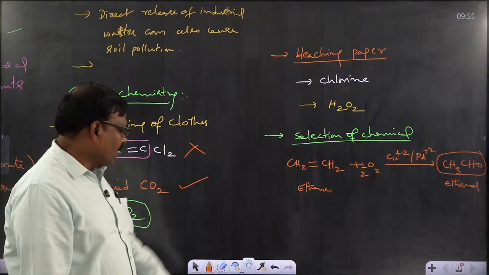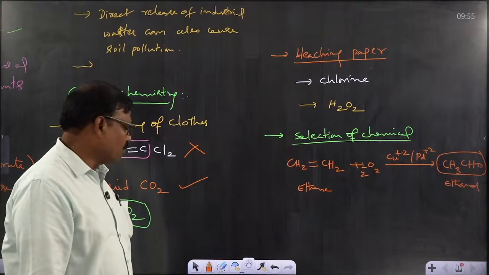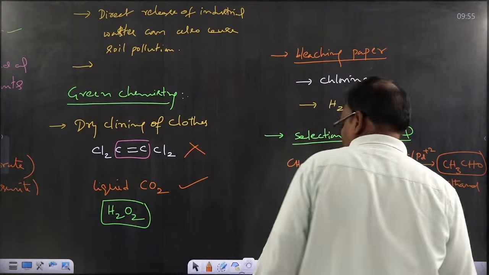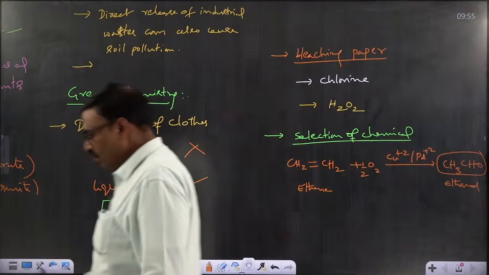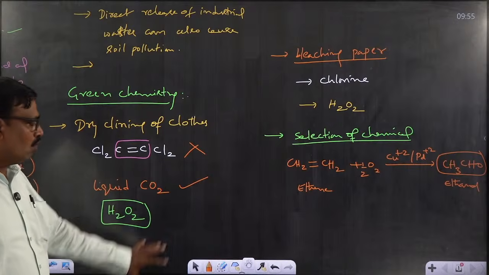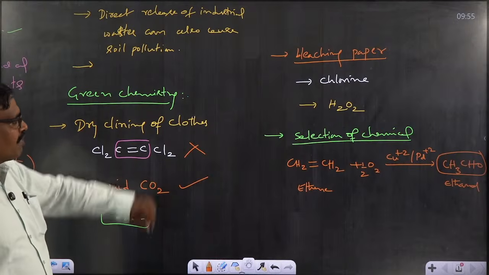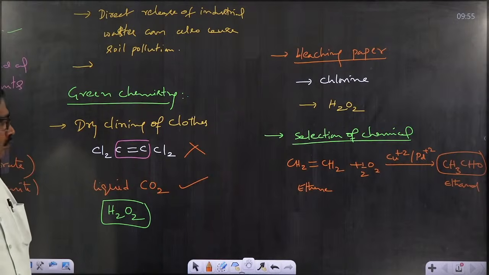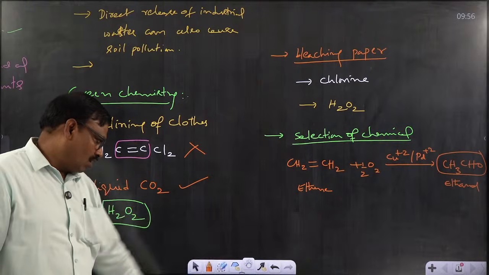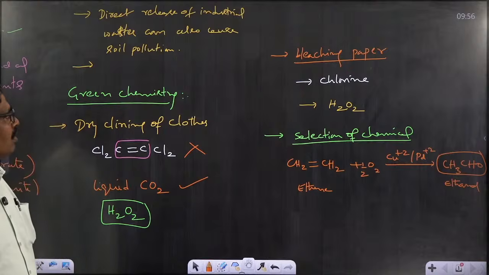In this way, we can reduce the pollution. So this is all about the content in environmental chemistry. Overall, simple things were asked in previous years, so by revising these points we can easily answer the questions. Okay.